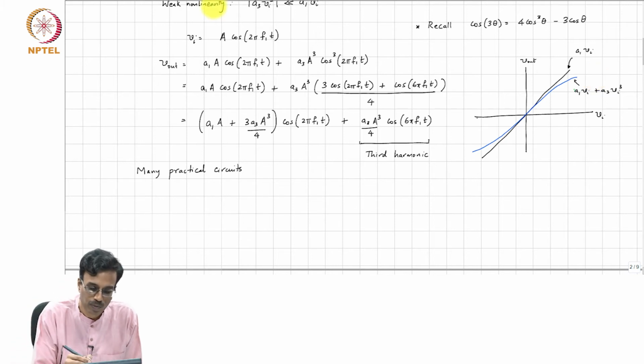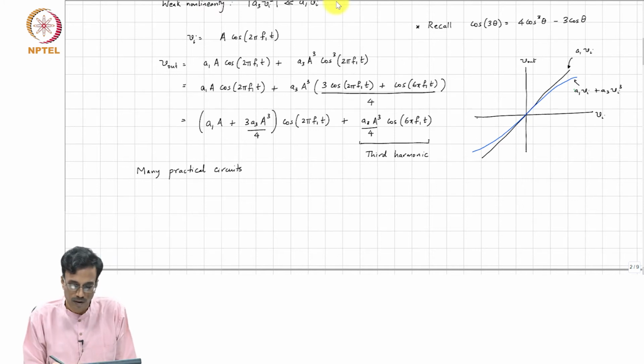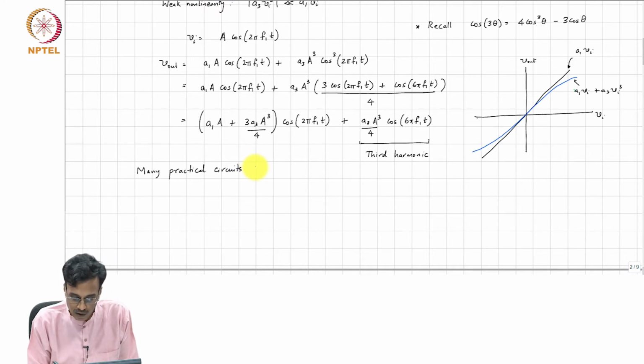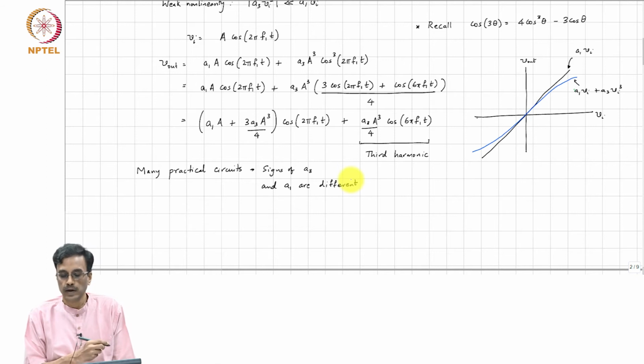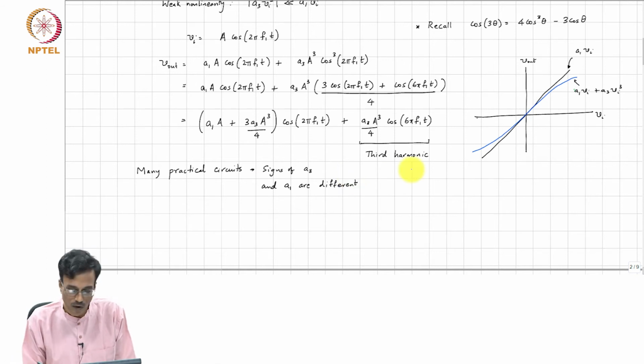So, basically in many practical circuits, the sign of A 3 and A 1 are different, right, and such a nonlinearity is what's called a compressive nonlinearity.